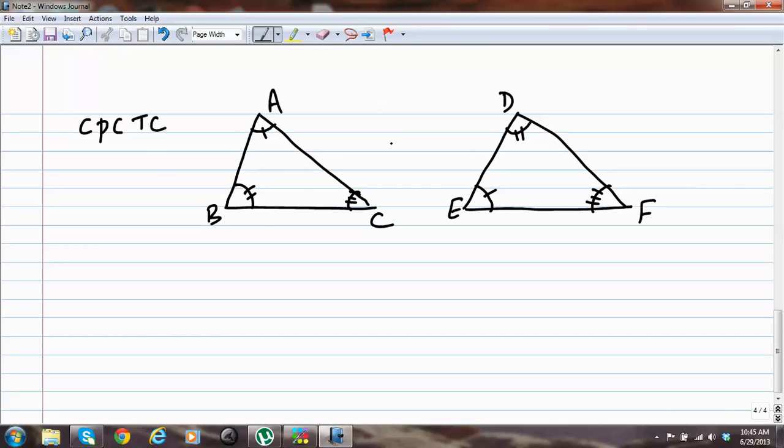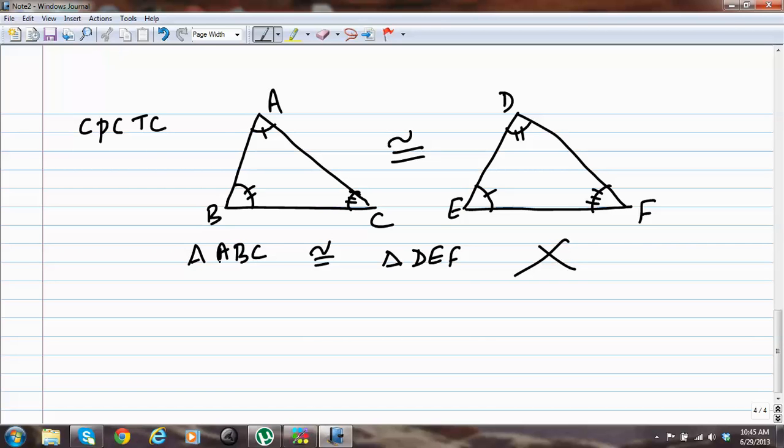Now if these two triangles are congruent, then if we write triangle ABC congruent to triangle DEF, this is wrong. Why?